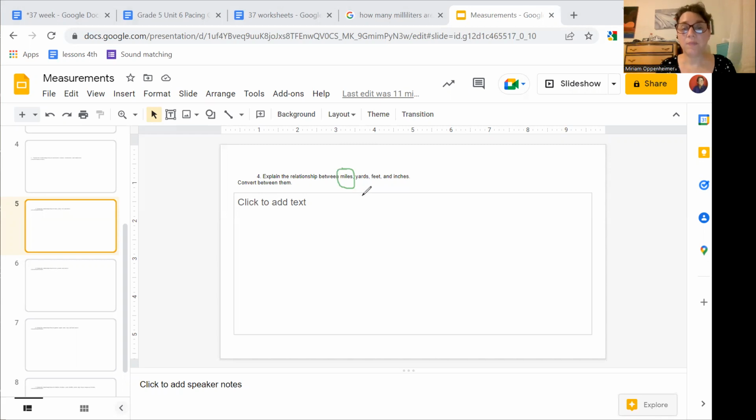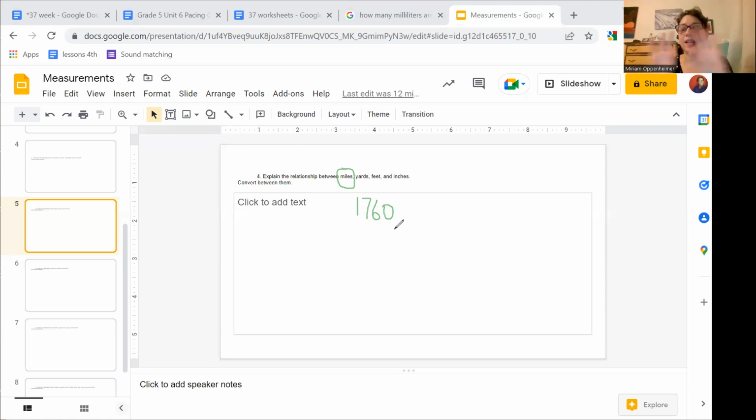So it's pretty far. So miles. So if I want to say miles, I'm going to say yards are pretty much shorter than that. A yard is probably the size of a meter or a yardstick, right? So it's pretty big, a yard.